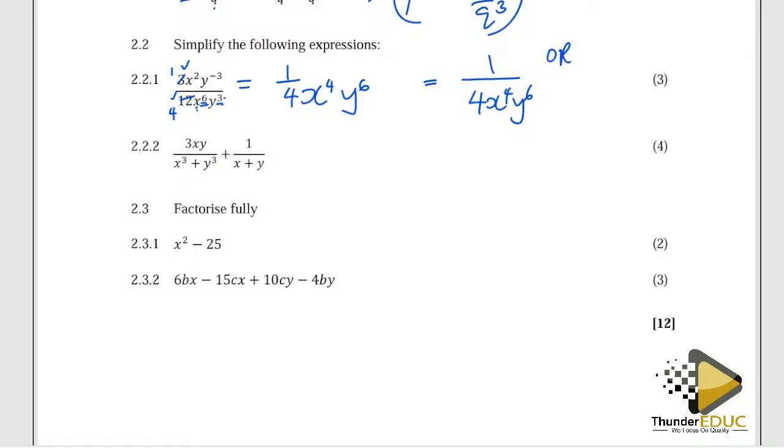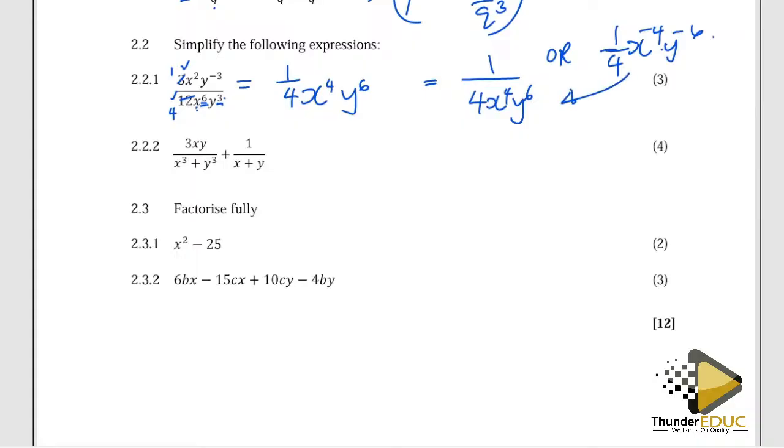Alternatively, somebody could put this on top, so that's going to be 1 over 4, and then if you have 2 minus 6, you're going to get x to the negative 4, and then negative 3 minus 3, you're going to have y to the negative 6. But in most cases, we want answers to have positive exponents, so whatever was a numerator must become a denominator.